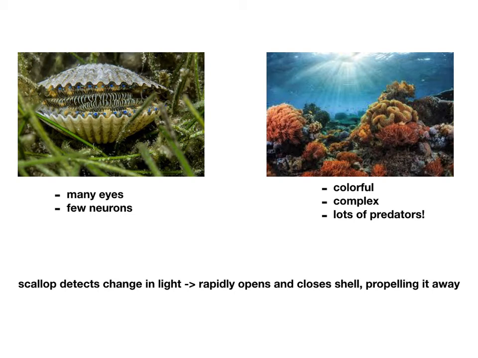The behavior of interest for this scallop is, as soon as a scallop detects light changes from the environment, it rapidly opens and closes its shell, and it is propelled away from where it currently is, hopefully to somewhere safe. So, what is this scallop representing?